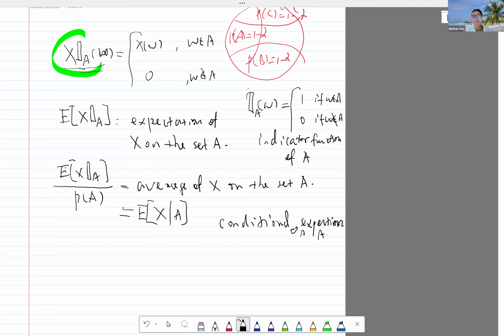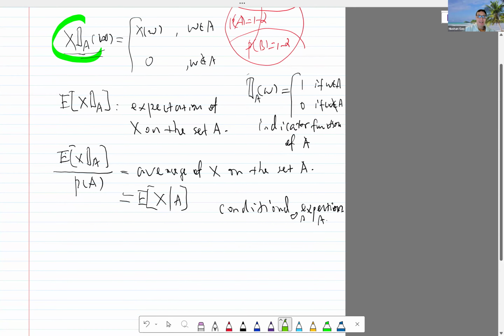So on A, what is the average of X? Conditional on A, what is the average of your X? And how do you define it? The overall expectation of X on A divided by probability of A, right?